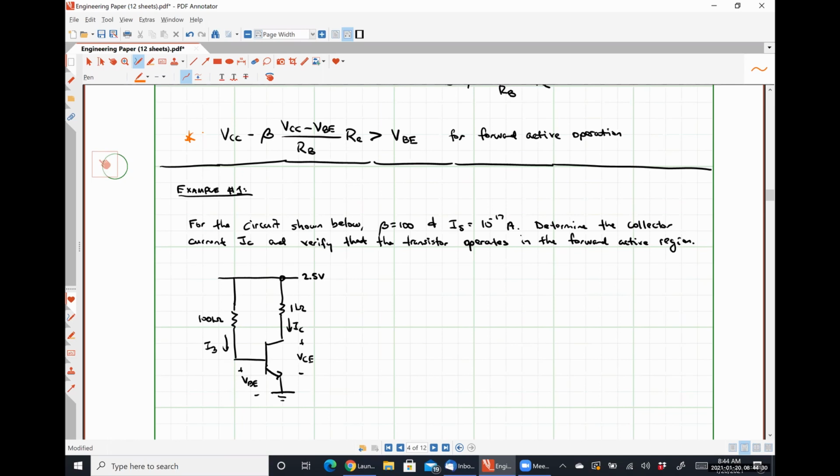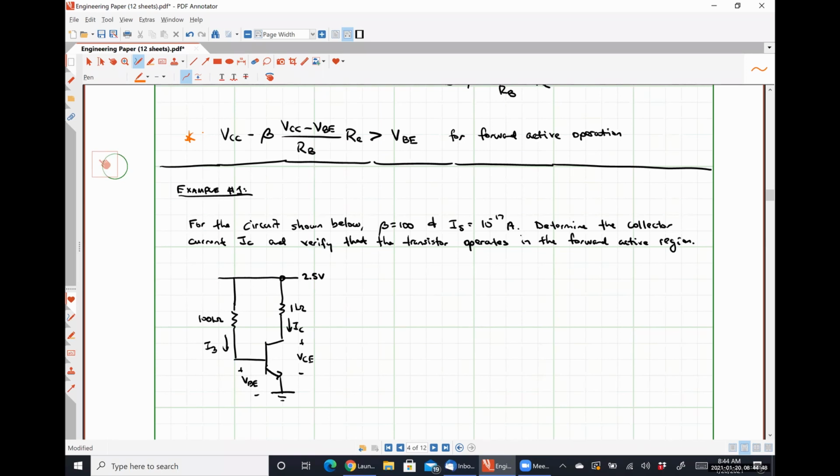So we have one equation with a single unknown, VBE, but because of the numbers in this problem, let's look at what's happening here.